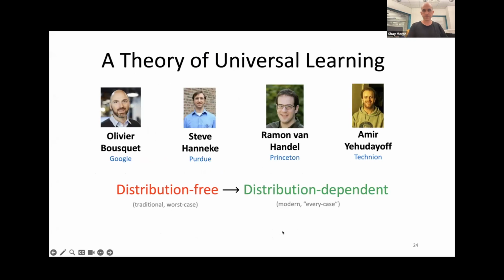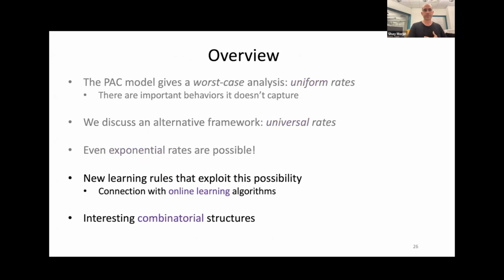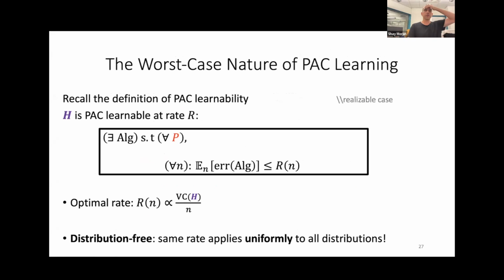Okay, good. Okay. So let's recall the definition of PAC learnability. So H is PAC learnable at rate R if there exists an algorithm so that for every realizable distribution P, the realizable learning curve is at most R of n, at most this rate.